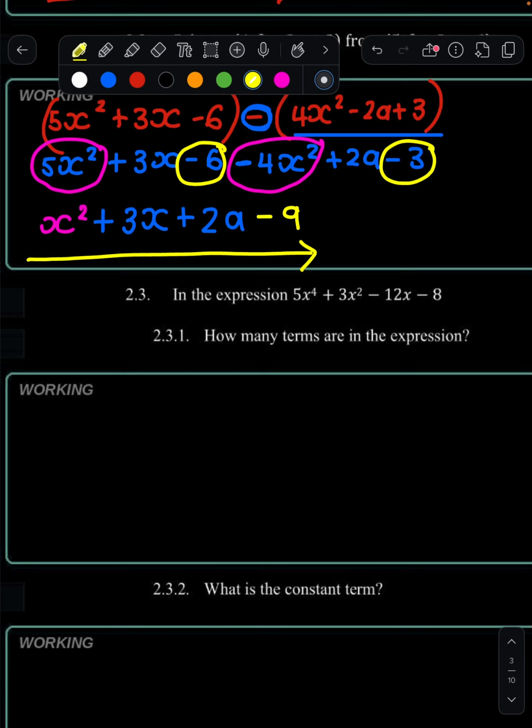2.3. So in this expression, how many terms are in the expression? We have this x to the 4 term, we have an x squared term, we have an x term, and we have a number term. So that is 4 terms. What is the constant term?